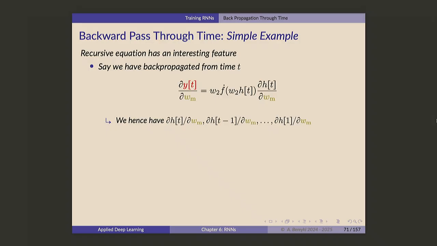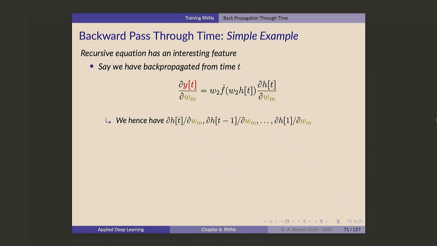So meaning that if you, for example, go all over the sequence in time, and you get to the last output, and you backpropagate all the way through time, right? You do have all the gradients that you need, right? So any other gradients that you want to compute, you basically compute immediately, right? So the guy that is going to impact is the last guy, right?